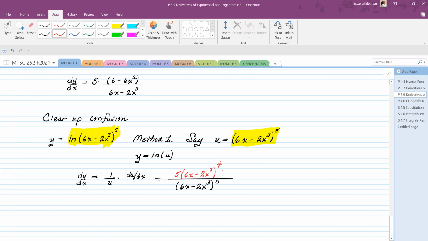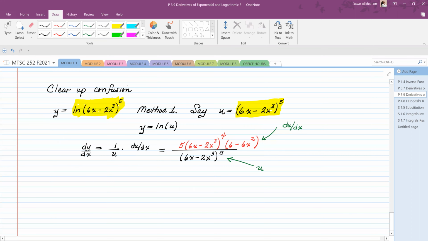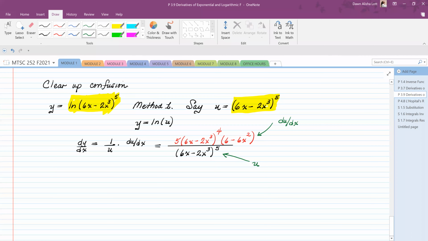Chain rule says take the derivative of what's inside, which is 6 minus 6x squared. So here, this is u, and this is du/dx. But now when I simplify this, I get 5. I have this to the 4th, and then I have the thing to the 5th power. So that puts it into the denominator to the 1st power.